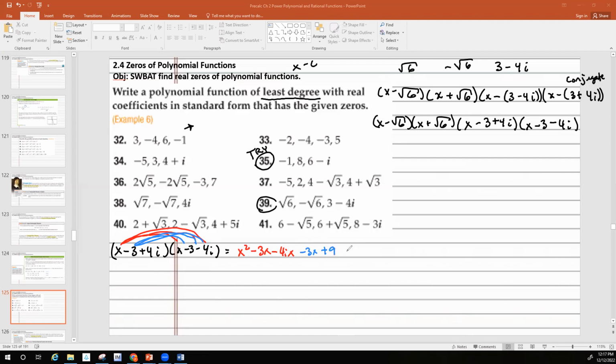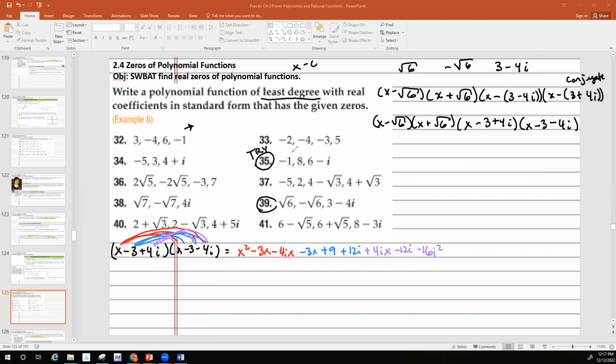Negative 3 times negative 4i is plus 12i. And last but not least, the 4i. So 4i times x is plus 4ix. 4i times negative 3 is negative 12i. And 4i times negative 4i is going to give us negative 16i squared.